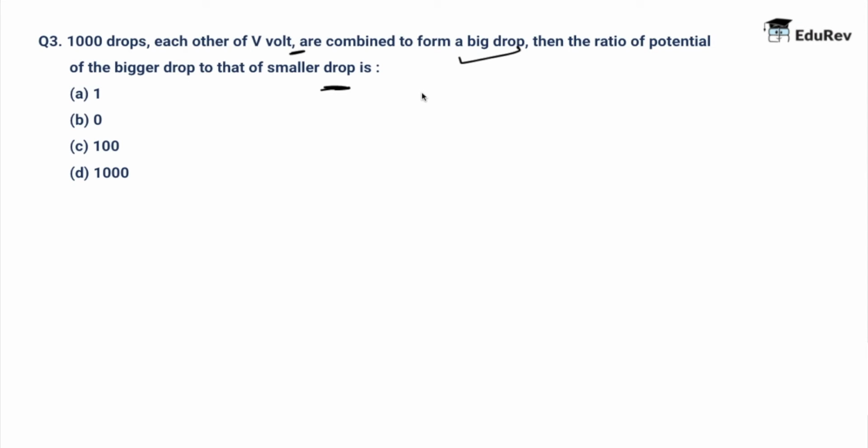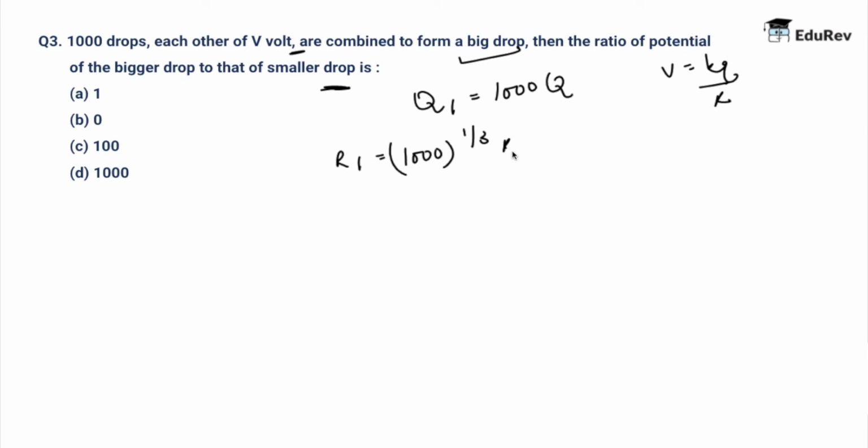So now the charge of the bigger drop, that is Q1, is going to be 1000 Q, okay? And the radius of the bigger drop, R1, equals 1000 to the power 1 by 3 times r by conservation of volume. So R1 equals 10 times r.